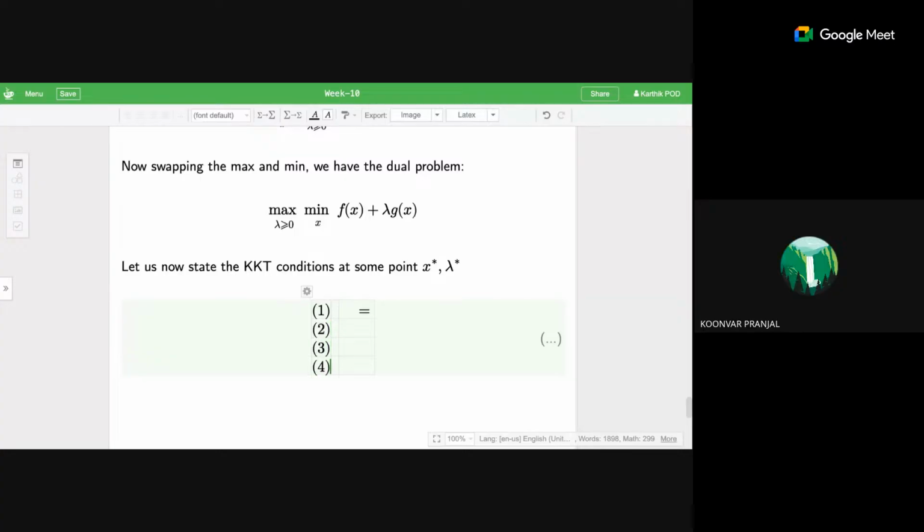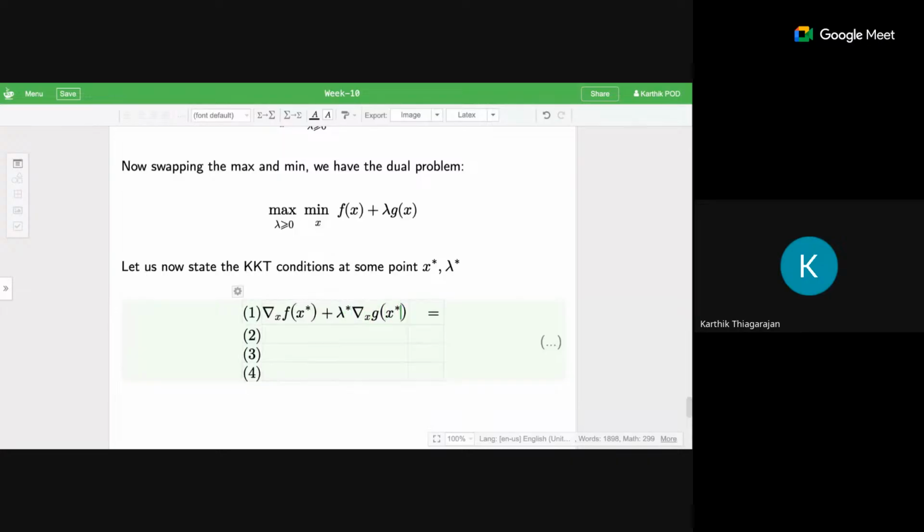Stationarity. The derivative of the Lagrangian should be 0. Yes, so this is called the stationarity of the Lagrangian. The gradient with respect to x of f of x plus lambda g of x, at x star and lambda star, those are the points where we are looking at the KKT conditions.